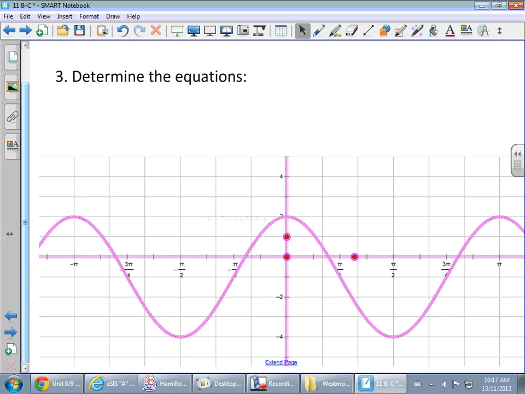Okay, so we're going to determine the equation of the sine and the cosine transformations that will give me this graph. So in order to do that, before we start, let's just read off the graph what the maximum value is, what the minimum value is. So the maximum value here is 2. The minimum value the function gets is -4. You guys know where I'm getting that from?